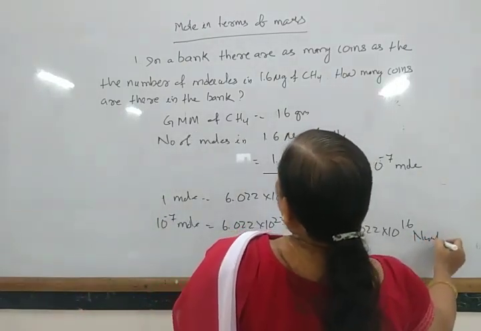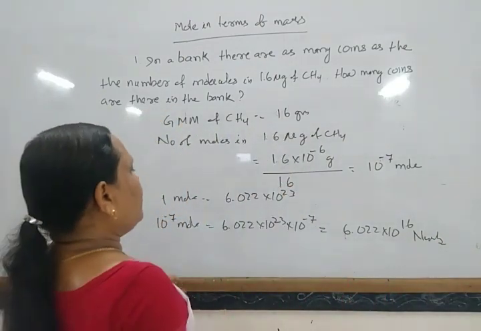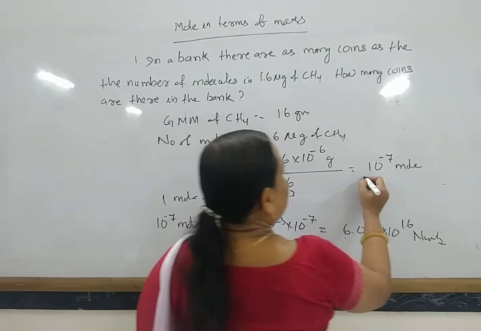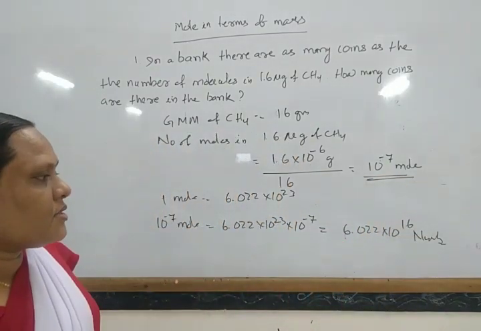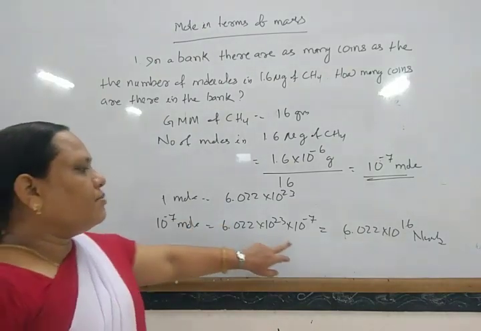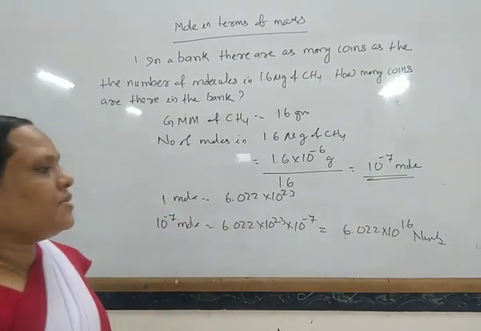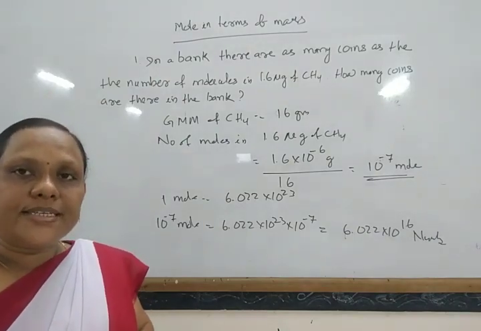So if the number is given, how many points are there? In terms of moles, 10^-7 moles are present, and in terms of number, 6.022 × 10^16 numbers are present.